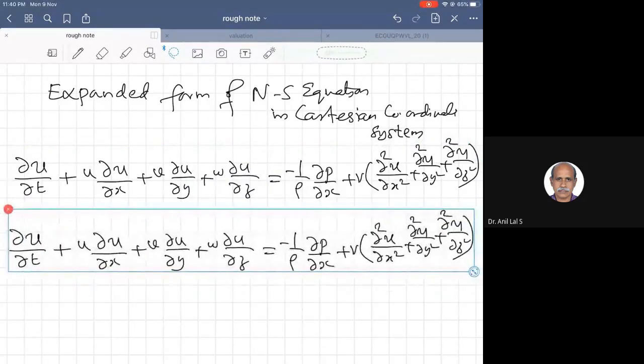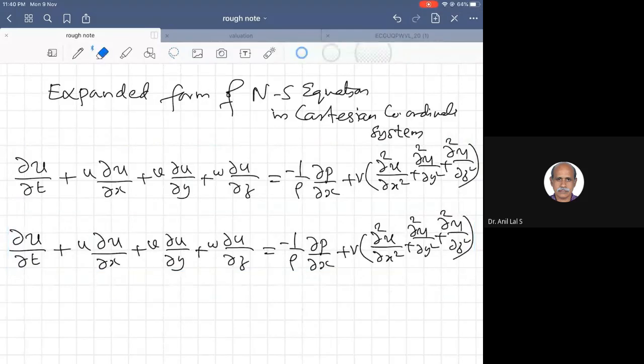So we will have certain modifications. We have the same thing, but this u will change to v, and this x will change to y.